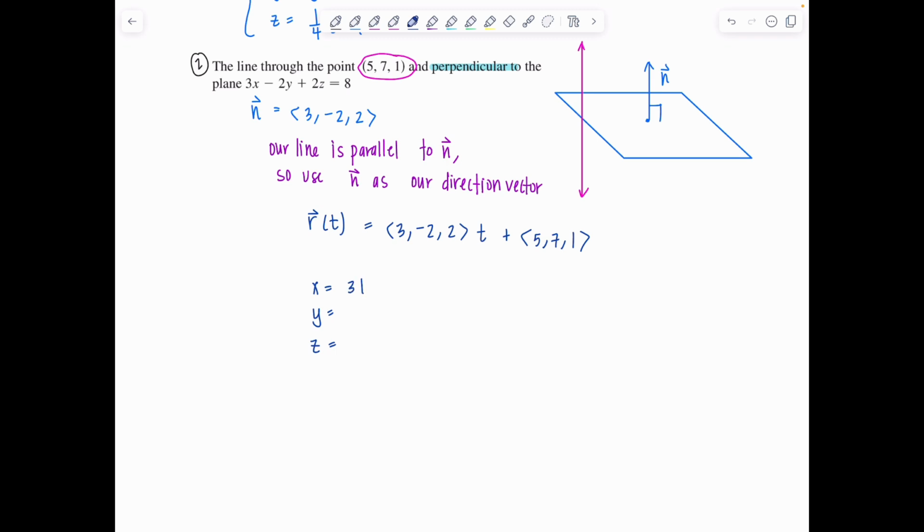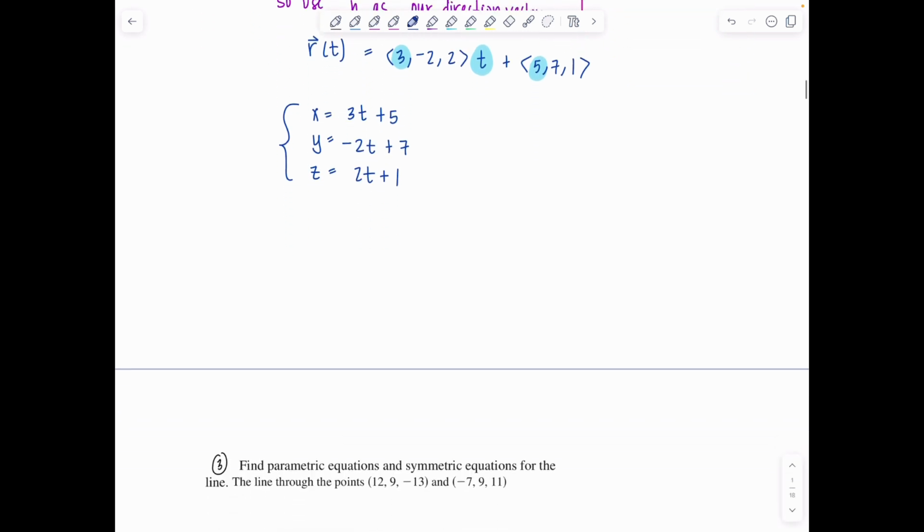We'll have 3t plus 5 for x. Then we'll have -2t plus 7 for y. And lastly, 2t plus 1 for z. Good? Okay, beautiful. Hopefully so far things aren't too wild. We're gonna build.